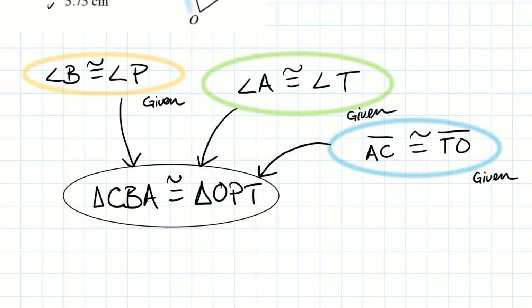And if you look, what I've just provided this statement of congruence with are exactly the two pairs of congruent angles. There's one pair, there's another pair, and then the non-included side, the one that's not in between but still a corresponding segment length. So these triangles are congruent because of the angle-angle-side congruence condition.